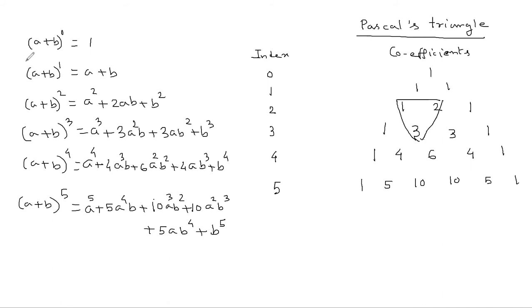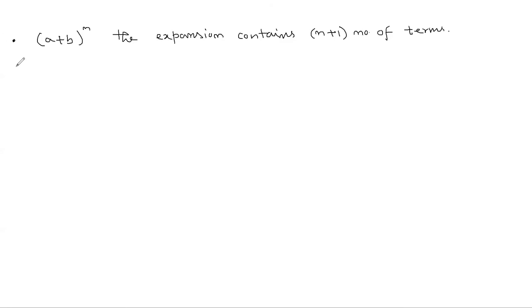Next, let us go to the next observation. So whenever we have (a plus b) power n, the expansion contains n plus 1 number of terms. So this is the first observation. That's the second. What is the general term of this expansion? It is written as nCr a power n minus r b power r, so r starting with 0 to n.